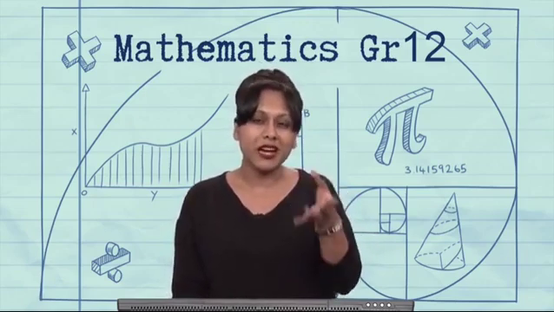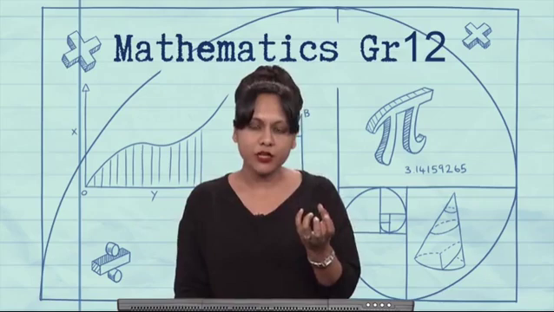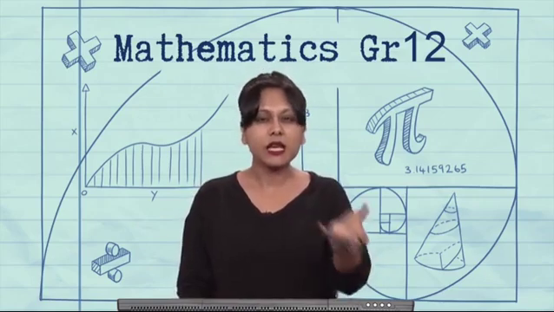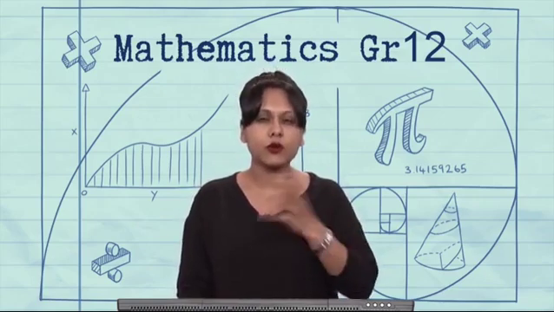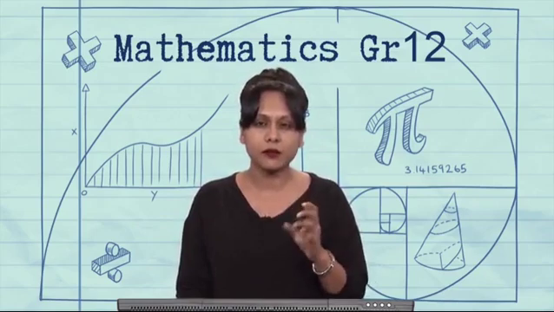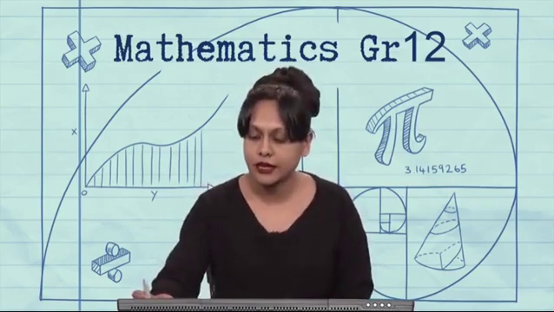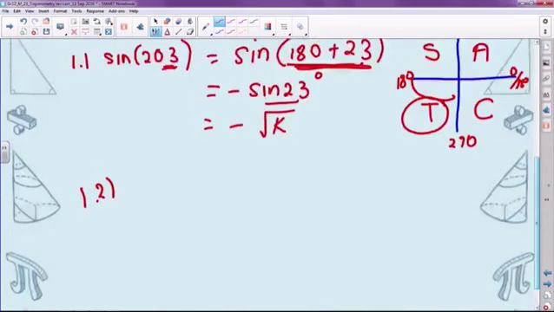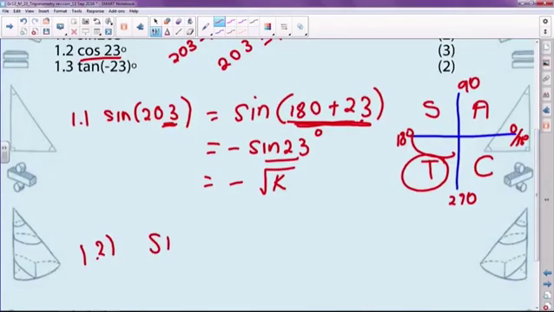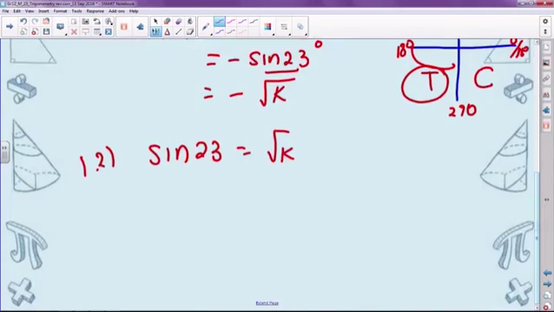So what we do to help us to work out the value for cos of 23 is we introduce what we call a Pythagoras triangle. And that looks like this, and this, as I said, should be familiar to most of you. So I know that sine of 23 degrees is equal to the square root of k. I also know that 23 degrees falls in the first quadrant.